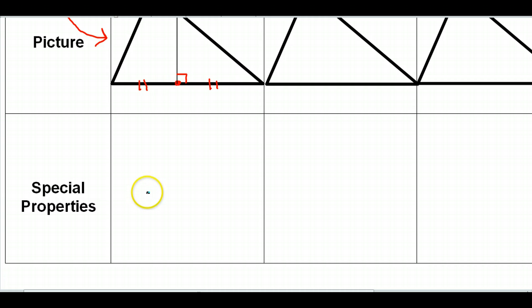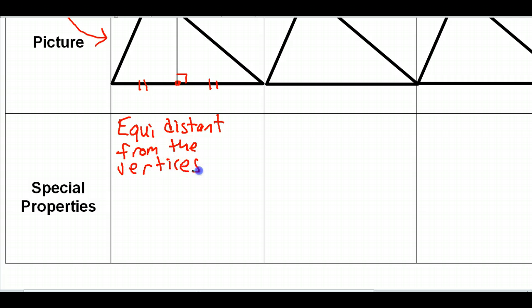Right. For this one, you're going to say equidistant from the vertices. And I'm going to show you, you could make a little picture of it too if you want to. But for right now, write this down. Equidistant from the vertices. Is it two words? Equidistant is one word.